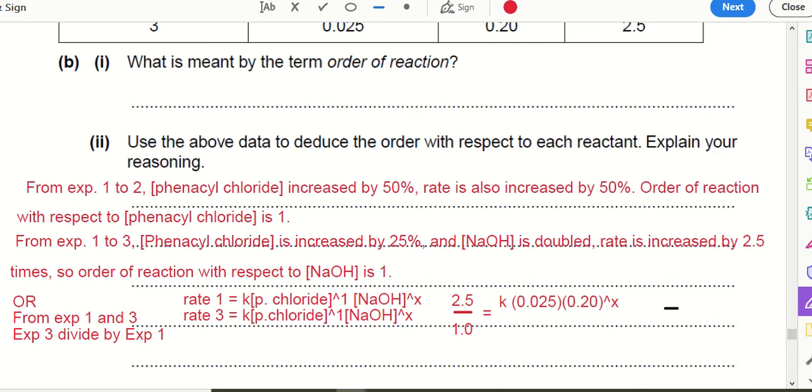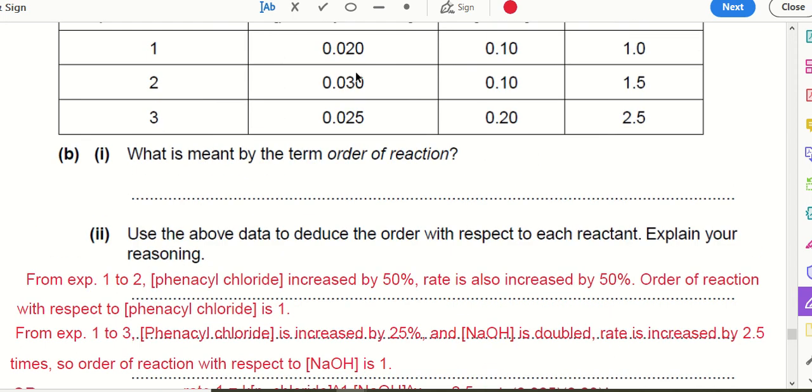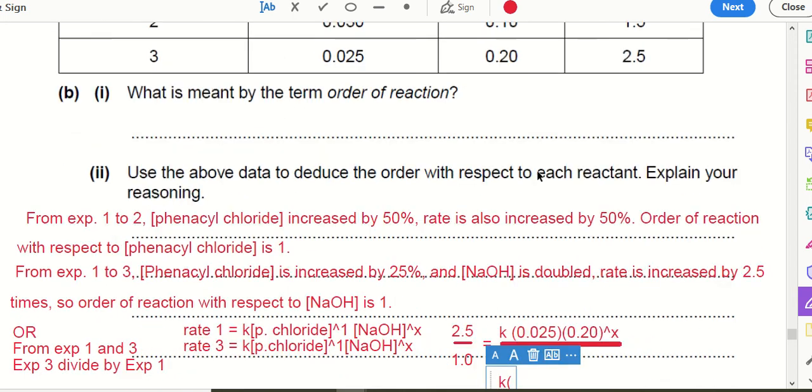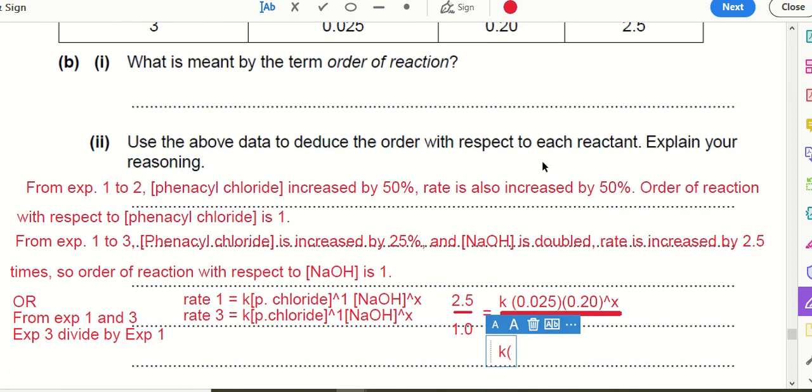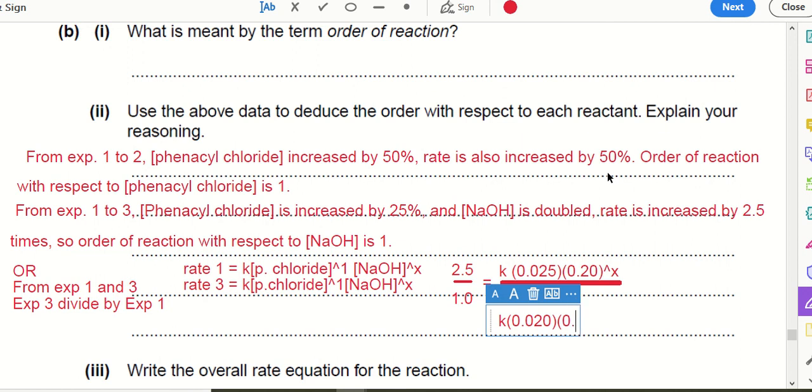Okay, now let's put this, then divide. K again. This time, experiment 1, 0.020 for concentration of phenyl chloride to the power of 1. Concentration of sodium hydroxide 0.1 to the power of x.